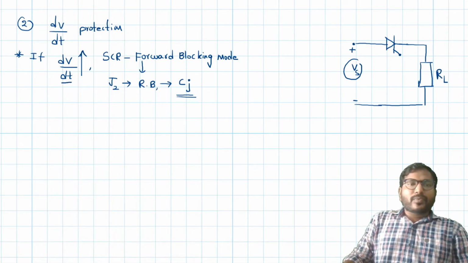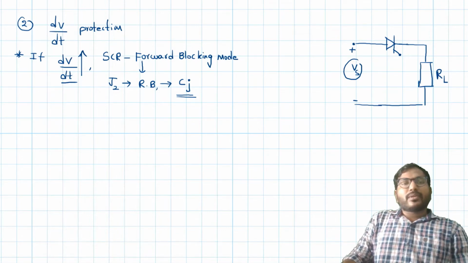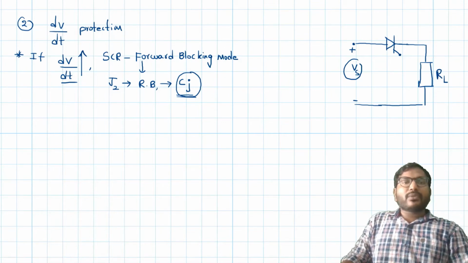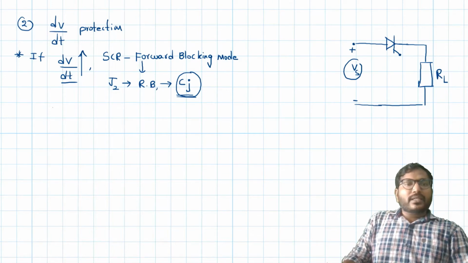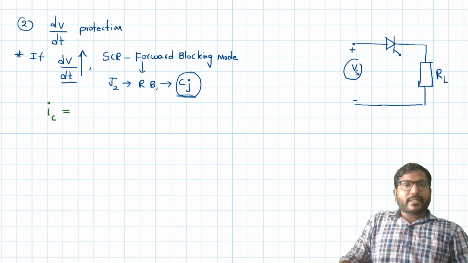When the rate of rise of supply voltage is more, and the junction capacitance exists while the SCR is in forward blocking mode, a charging current Ic passes through the reverse biased junction, Cj, times the rate of rise of anode voltage, dV/dt.